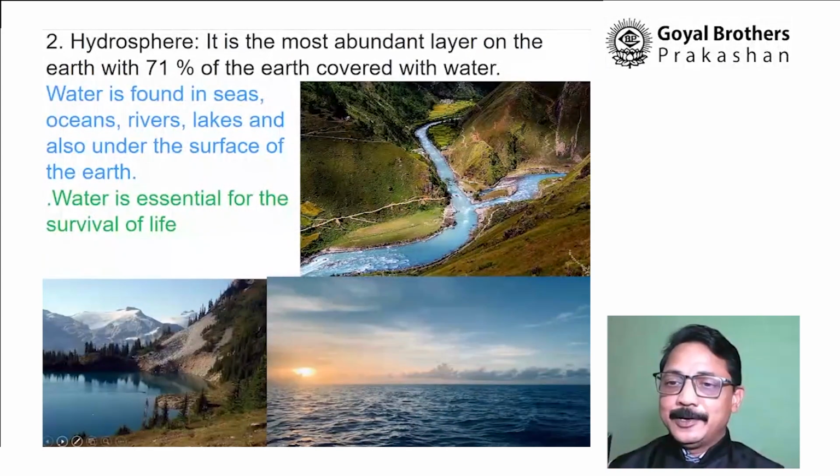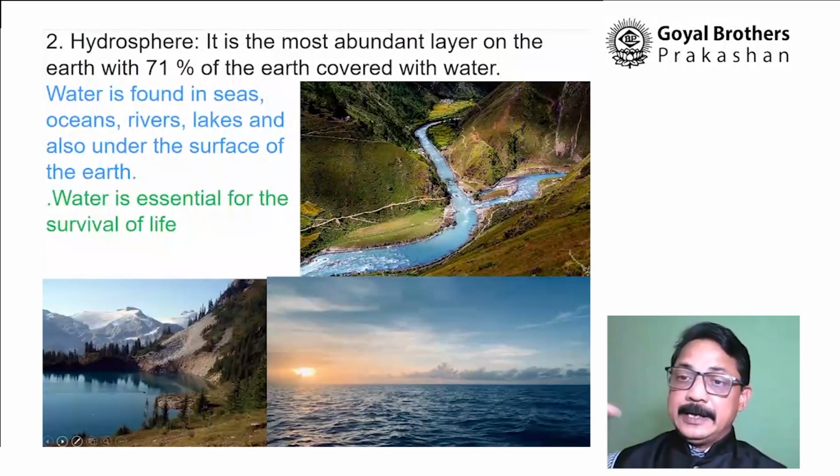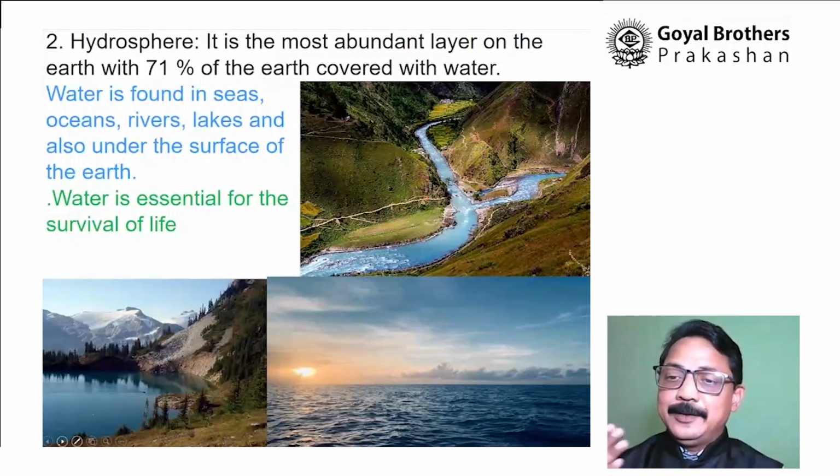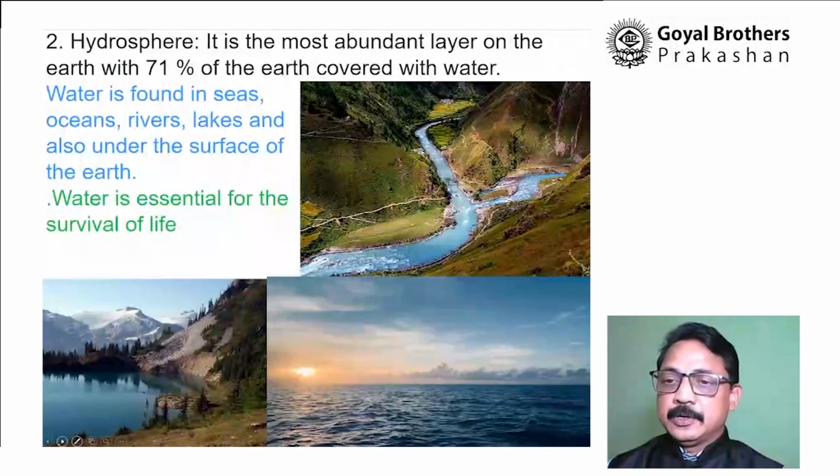Reason is Earth means soil, and how much soil is present? If 71% is water, so 29% is land. That means water is present more in quantity than land. Therefore, some people also call our planet not Earth, but the water planet, because so much part of Earth is covered with water.